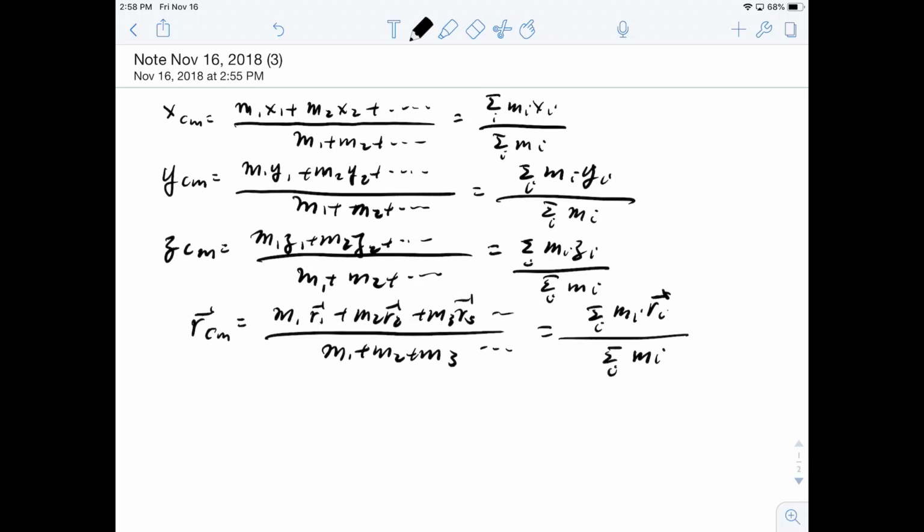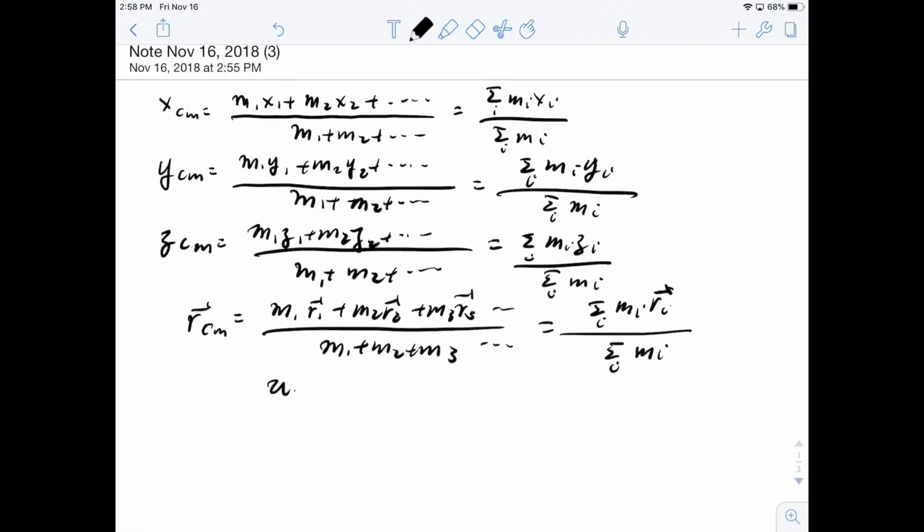Okay, now let's consider the gravitational torque on a body of arbitrary shape. Let's first assume this object is composed of a series of little masses, and each of these masses has a weight mi g.